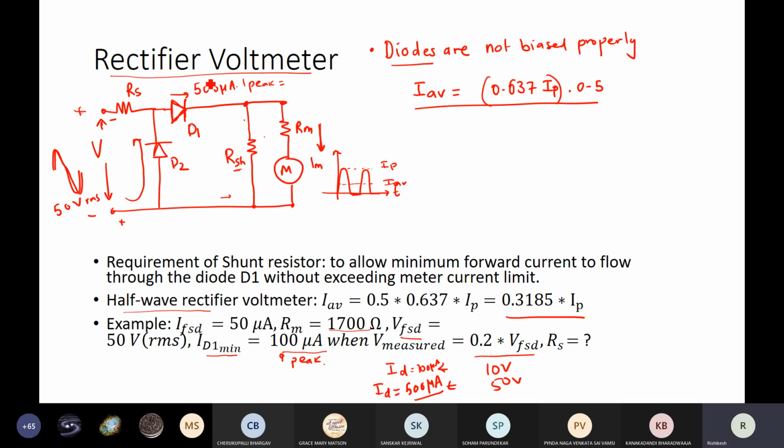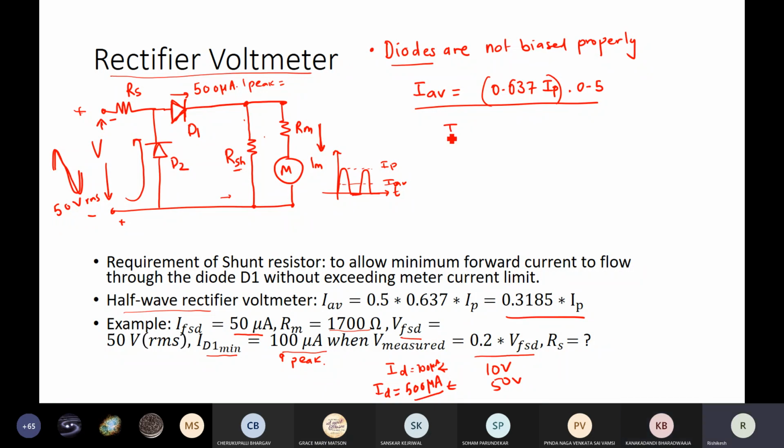Now, when 500 is flowing through at full scale deflection, what is the full scale deflection current of the meter? 50 microampere. Is this average or peak? Average, right?